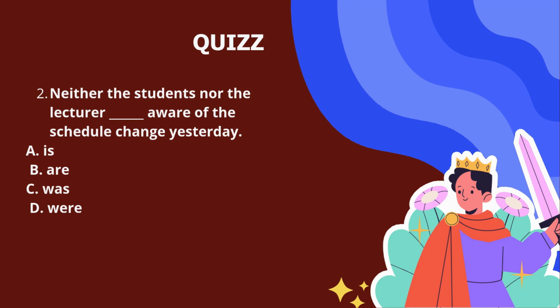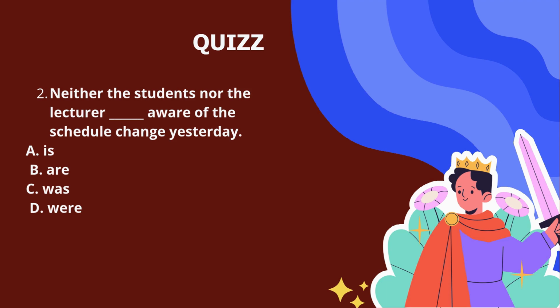See the subject. The subject, neither the students nor the lecturer. So, if you find the word nor, you have to see the subject after nor. Because the subject after nor is singular, that's why the answer is to be for singular too.